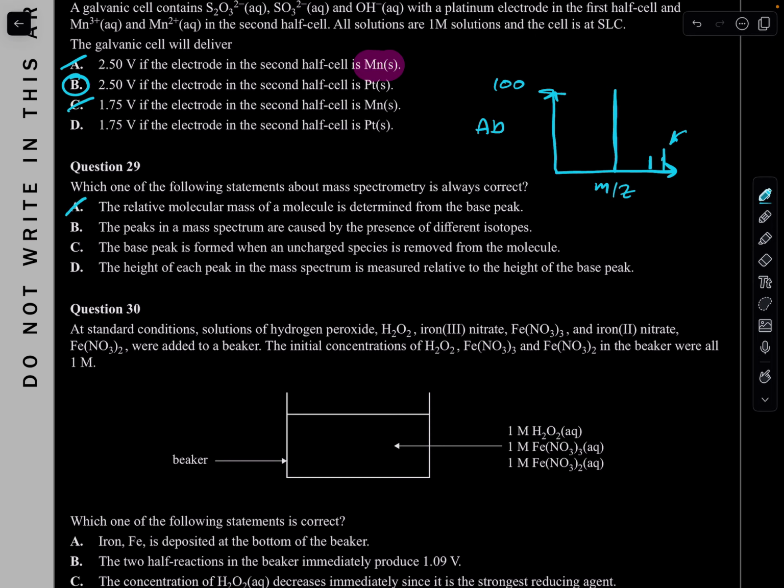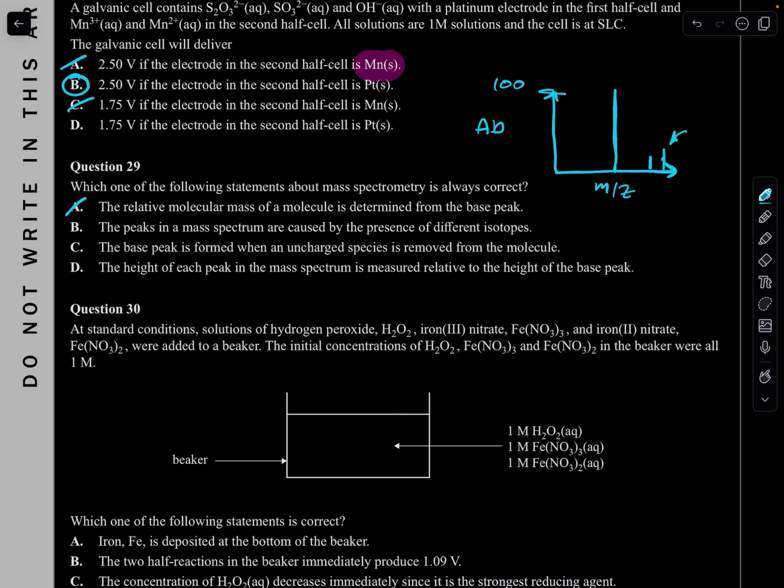So A is rubbish. B: The peaks in a mass spectrum are caused by the presence of different isotopes. No, not isotopes, fragments. The molecule is breaking down because we shoot it with high energy electrons, and these electrons break down that molecule into positively charged fragments, and these are what is sent.